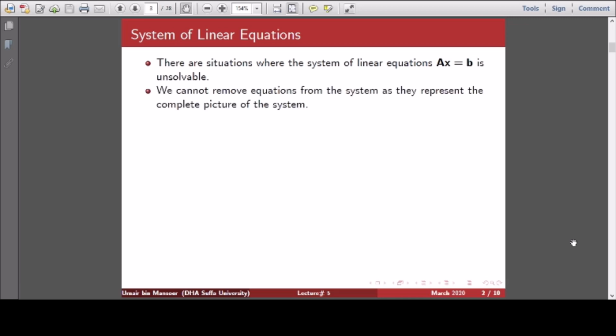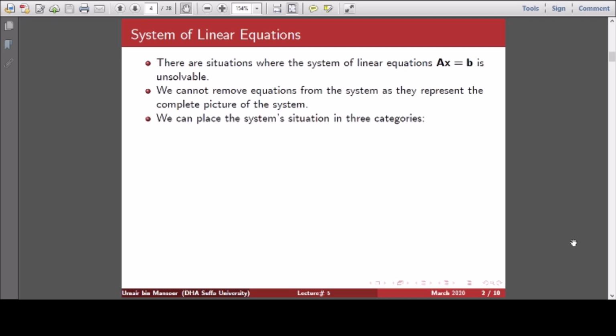We cannot always have an exact solution, or you can say where we have the number of equations equal to the number of unknowns. We cannot crop the system to make it solvable, because every part of the system contains important information.